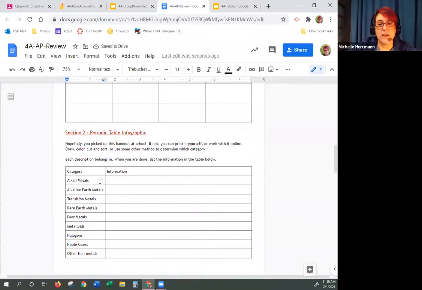So here's the same 9 categories: alkali metals, alkaline earth metals, transition metals. Anything you find on that infographic that you know goes in that category. So for instance, I just found that group 1 belongs with alkali metals, right? So that's something that goes in that group.